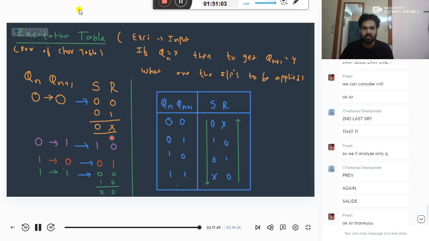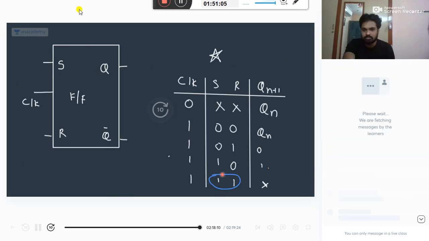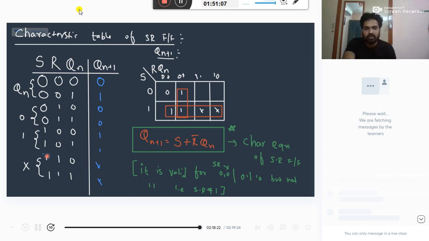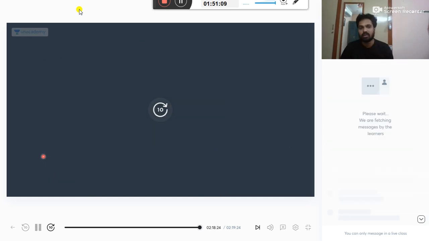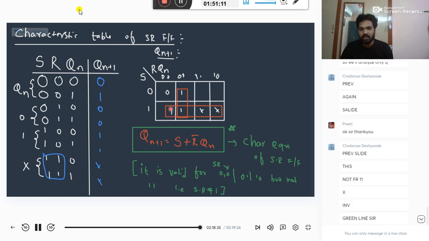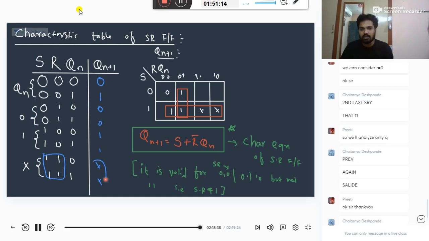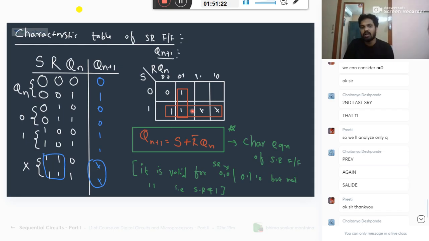For 1 and 1, your output... In your K-map, you have not considered these two. This K-map, we don't know whether they are 0 or 1. We just take them as don't care and have made this table. So this is valid only for 0,0, 0,1, 1,0.